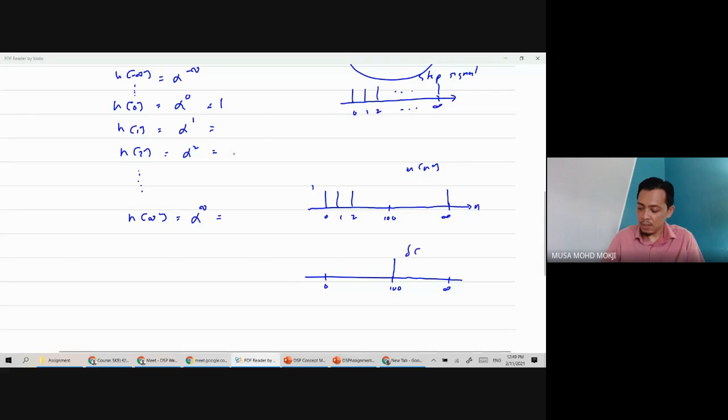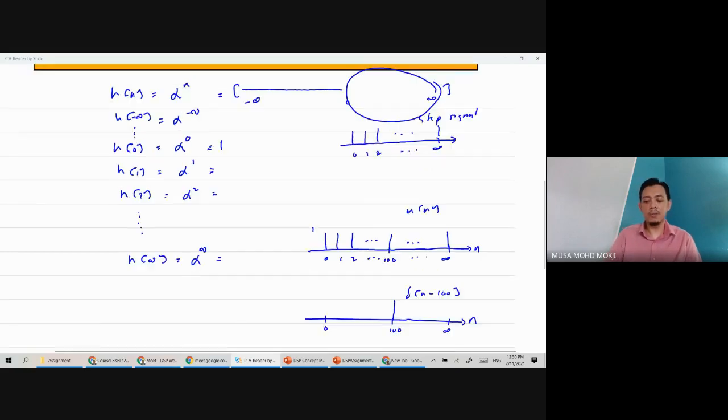So with this signal where everything is 1, minus a single sample here, everything is still 1 except at index 100, where it becomes 0. The rest is still 1, so you still have infinite numbers of samples.